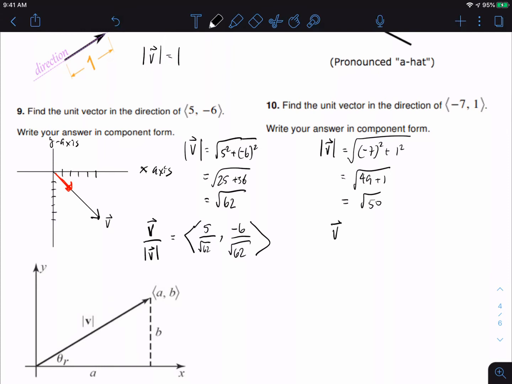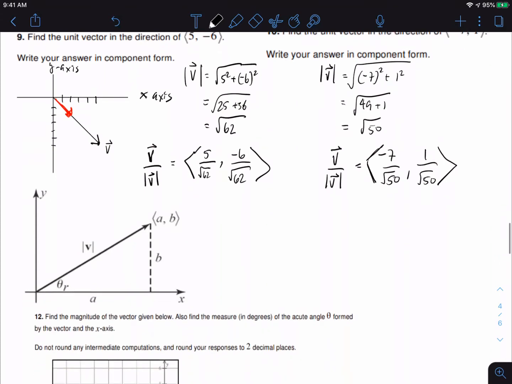So the unit vector, again, is going to be the vector divided by its magnitude. And so I'm going to get negative 7 over square root of 50 and 1 over square root of 50. And that's the answer to that one. Is that making sense? Okay, good.